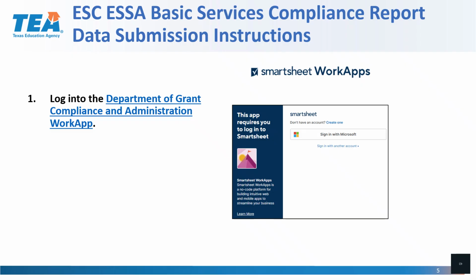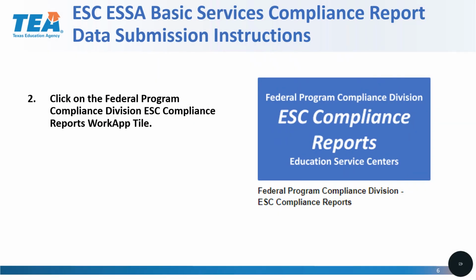Once access to the FPC WorkApp has been granted, ESCs may log into the Department of Grant Compliance and Administration WorkApp system. Locate and click on the Federal Program Compliance Division ESC Compliance Report WorkApp tile once you have logged into the WorkApp system.